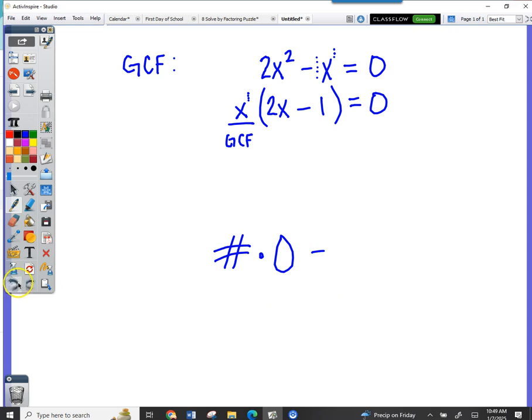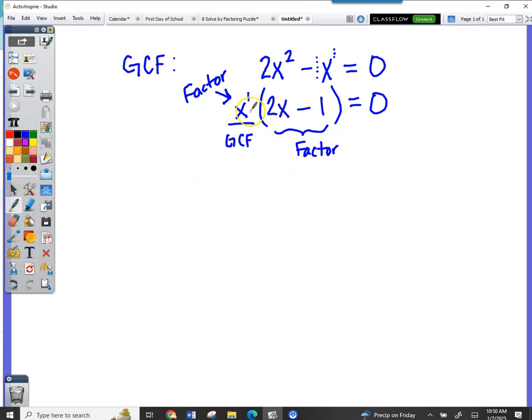Technically, they're called factors. There was a factor of x that we pulled out, and a factor of 2x minus 1 left. One of the factors has to be 0. We don't know which one it is, so we just set them both equal to 0.